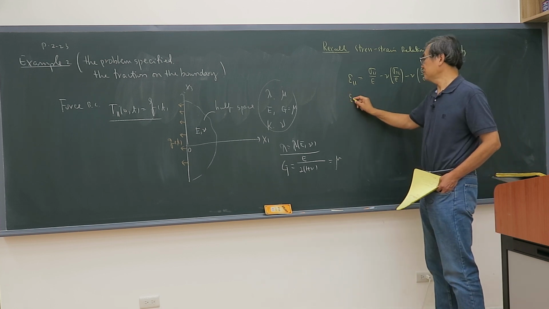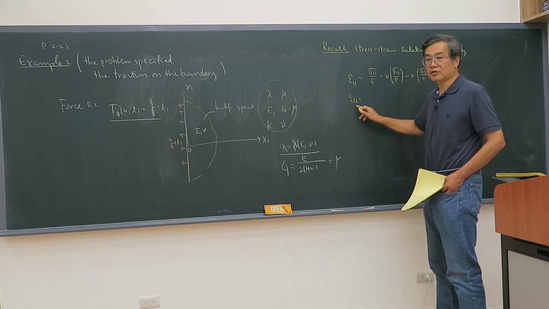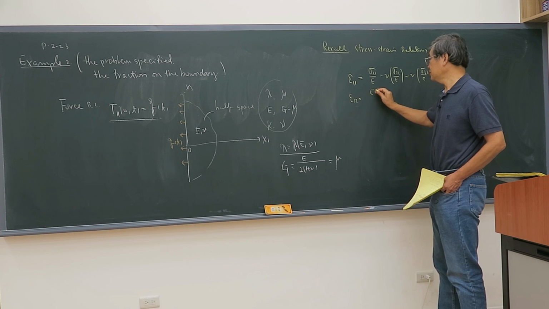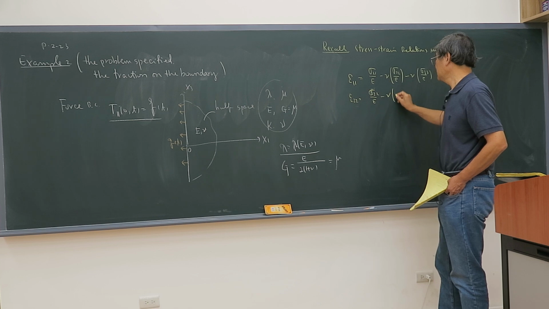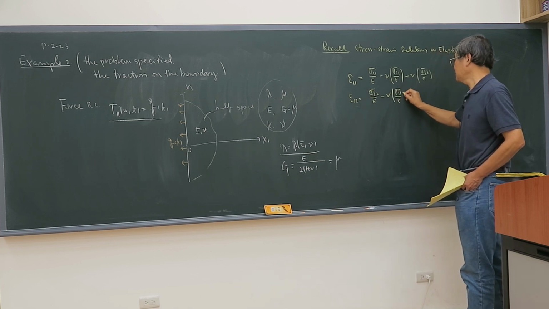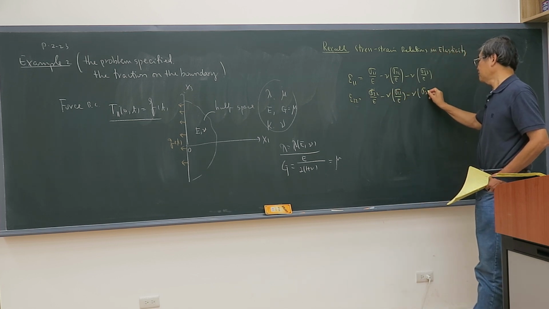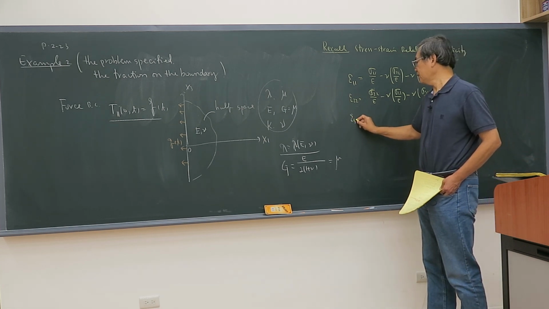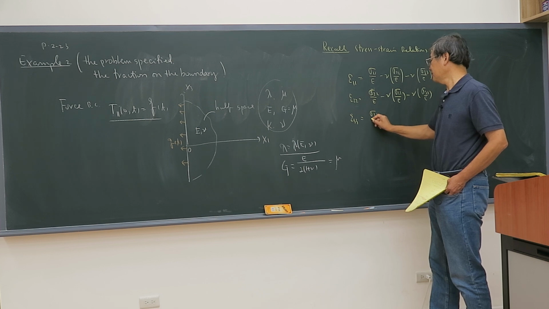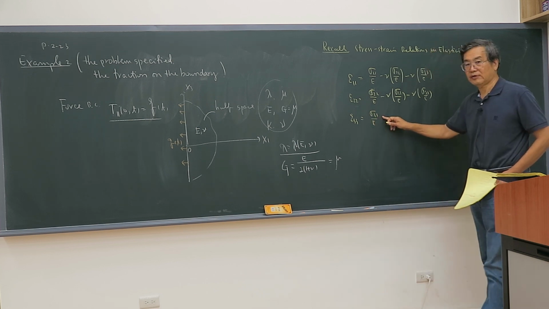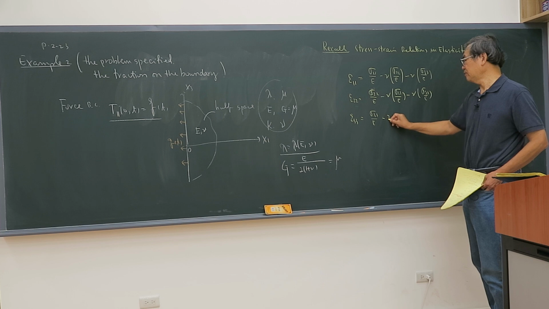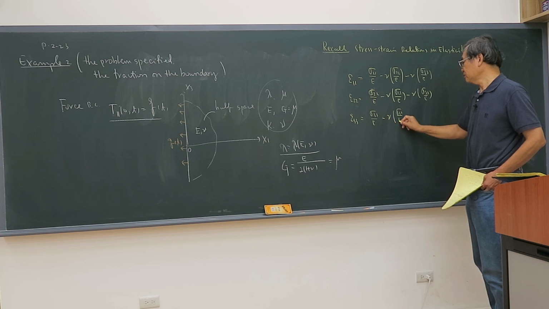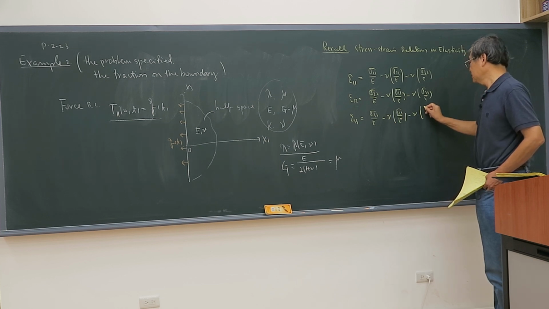And epsilon 22, the total strain in direction 2, is equal to sigma 22 over E minus nu sigma 11 over E minus nu sigma 33 over E. Is that right? And epsilon 33 is equal to sigma 33 over E, the main strain due to direction 3, minus the opposing effect from direction 1 and direction 2.